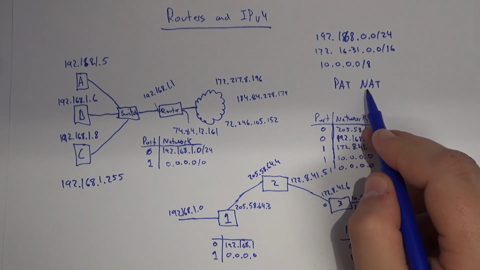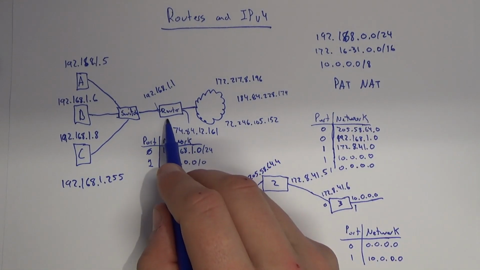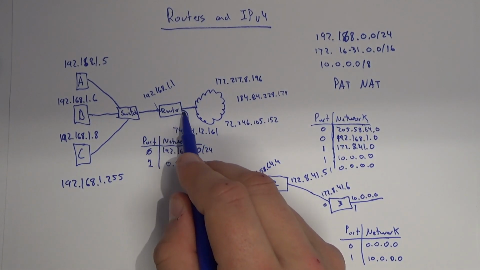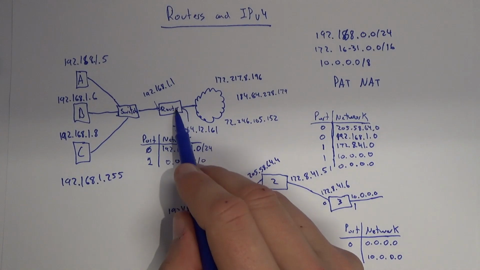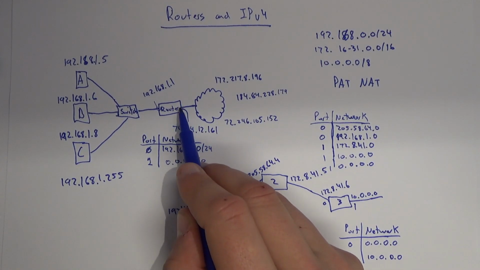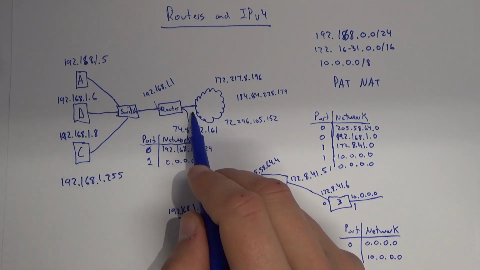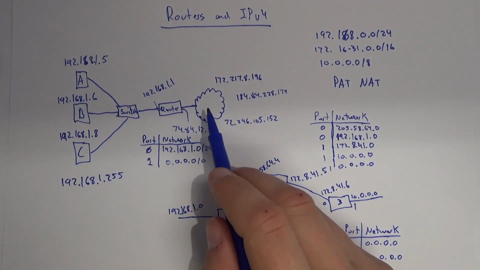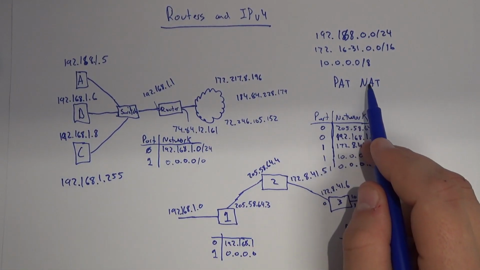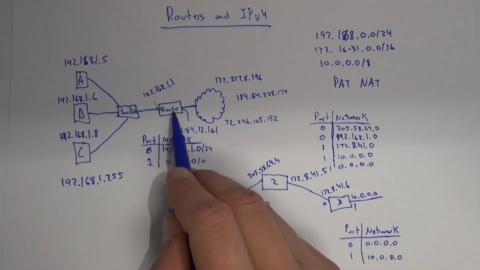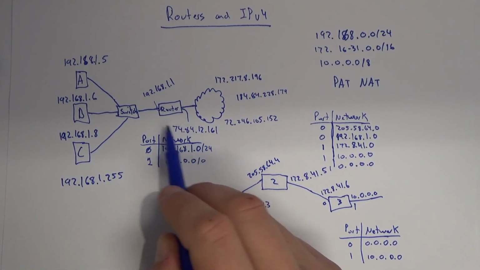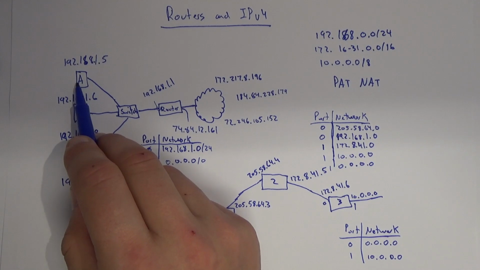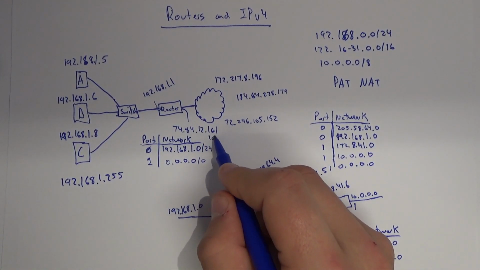PAT and NAT. Network address translation is a feature of some routers where if the router has multiple external addresses, so maybe it's got a pool of 10 addresses that it can use that are all public IP addresses, as something inside has a conversation with something outside, network address translation is essentially going to assign one of those IP addresses to computer A. So let's say that it's 162 instead of 161.